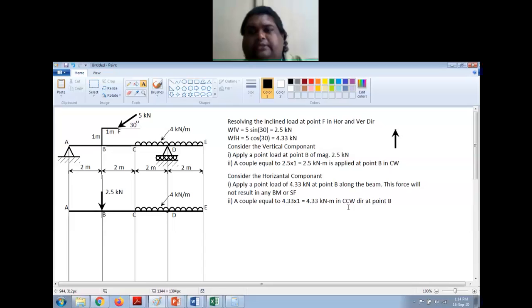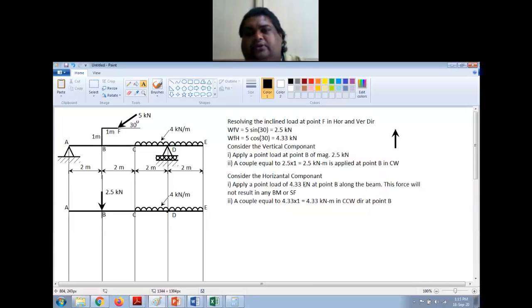Now, if both were in the same direction, you can just add them together and apply the total couple at this point. Since both of them are in opposite directions, we have to take the difference of these two couples, right? Now 4.33 minus 2.5.